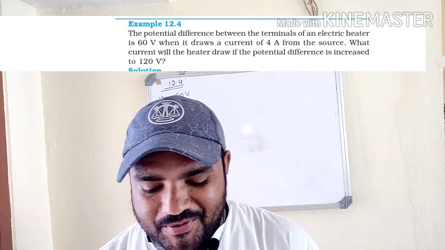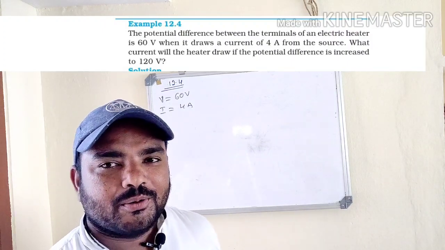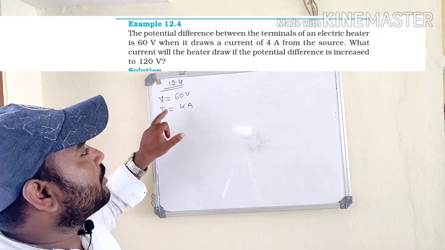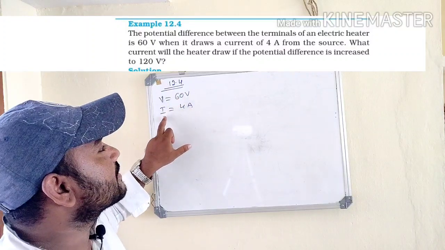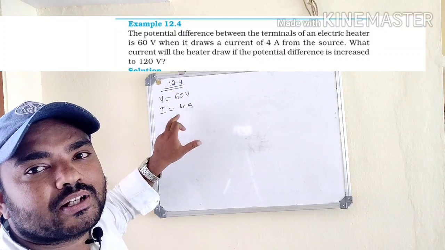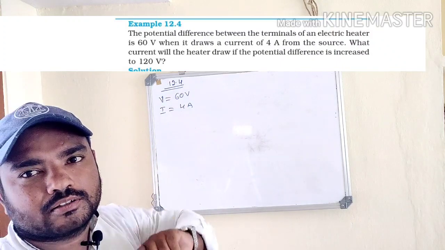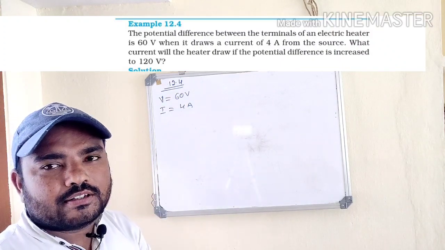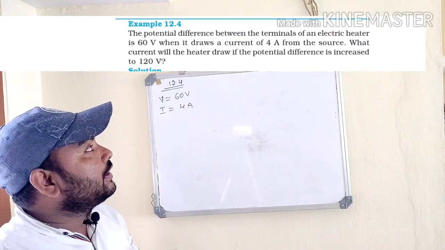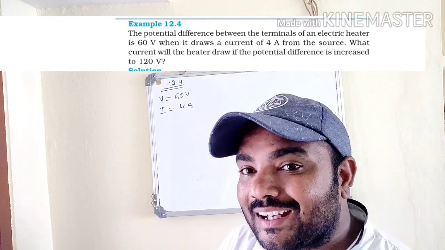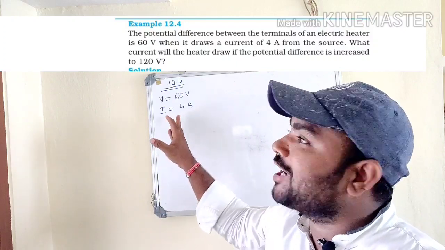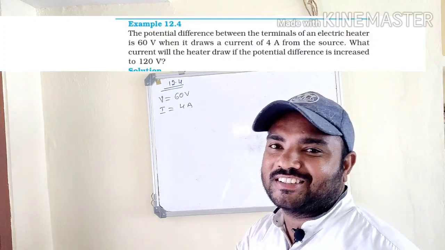120 volt. First we need to understand this question. What is it telling? When the potential difference is 60 volt, in that case 4 ampere current will be flowing through that electric heater. Then what it suggests is, when the voltage has been increased to 120 volt, you calculate the amount of current flowing through that conductor.